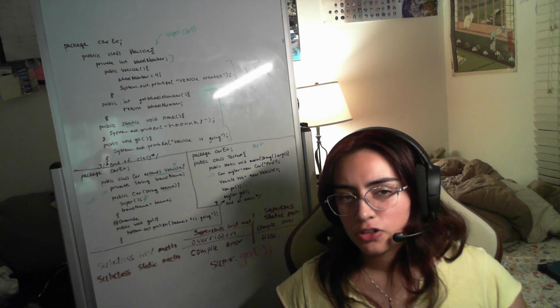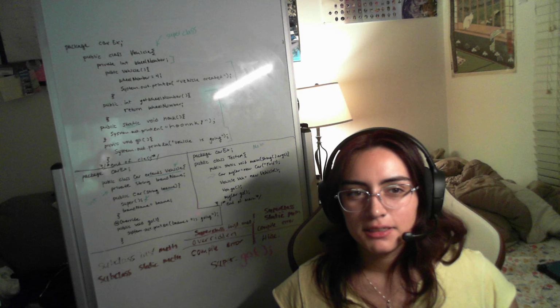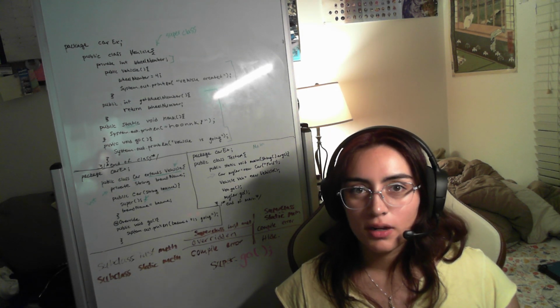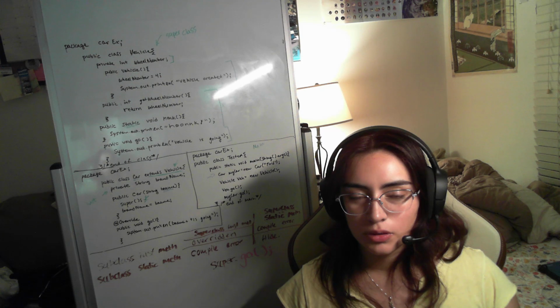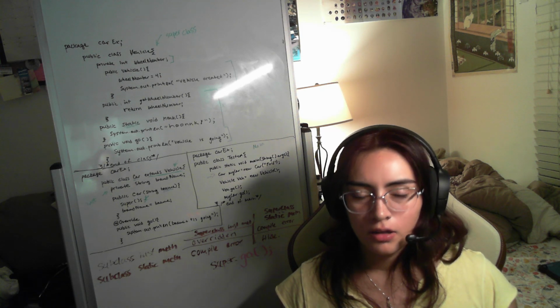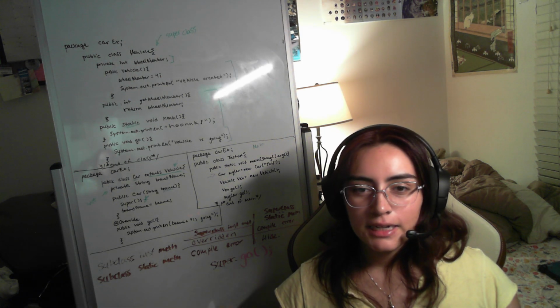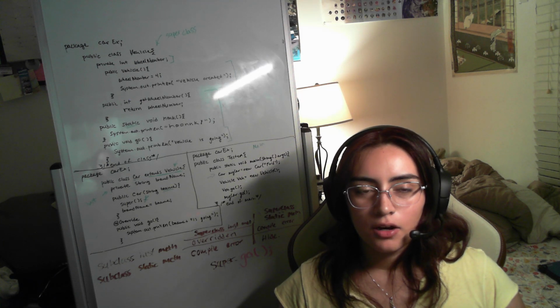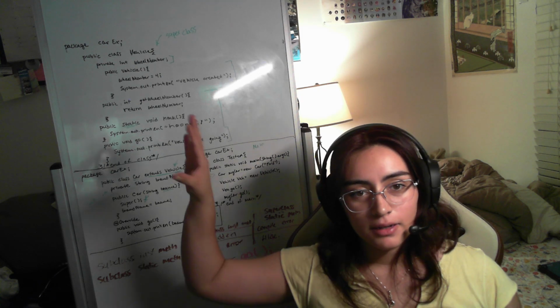Now, first to start out, what exactly is inheritance? Like, what is this phenomenon? Okay, given that you know what a class is in object-oriented programming with Java, inheritance is basically when we take the attributes of something we called a parent class.